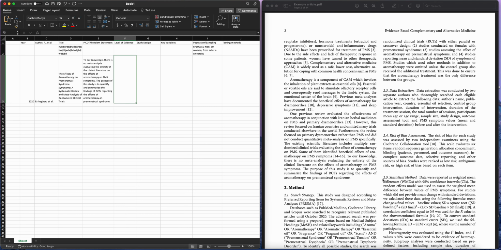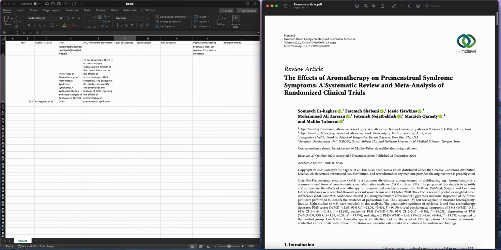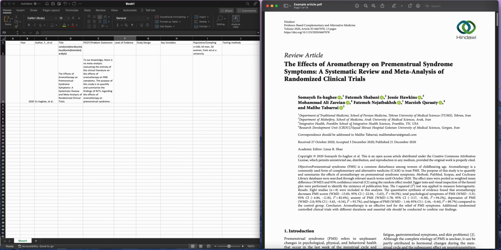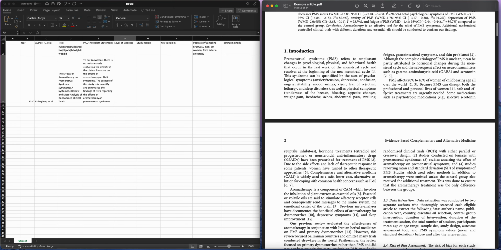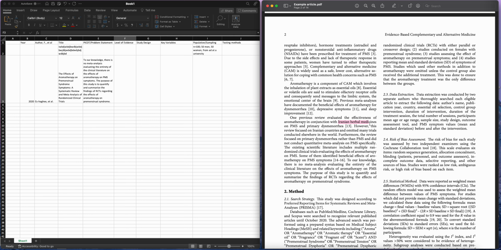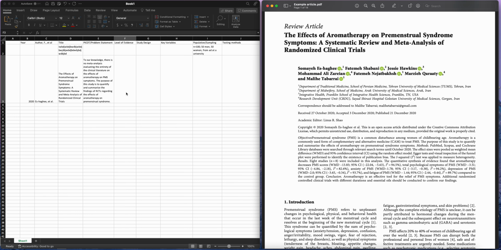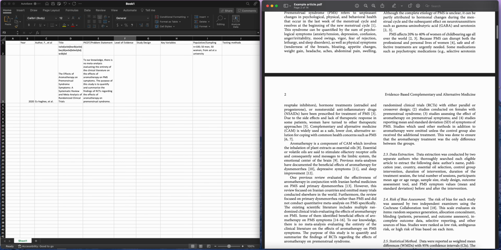Now the level of evidence: this is a systematic review and meta-analysis of randomized controlled trials. This is the best research in the whole wide world, about Iranian PMS and aromatherapy. But women are women, no matter what part of the world they are in.